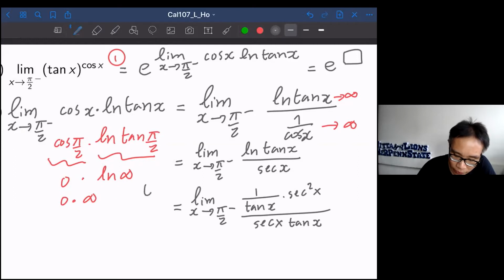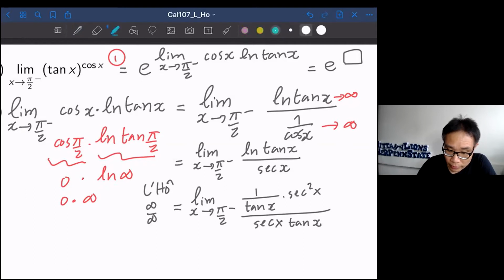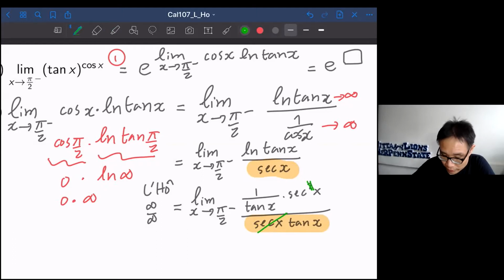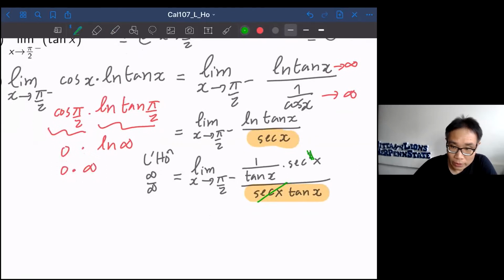So this one is L'Hopital, infinity over infinity, and this one is the orange one. I'm gonna just highlight on the bottom, only the top, we don't need to highlight. And you see that secant and secant squared cancel each other, so you get one secant left and you have tan on the bottom.